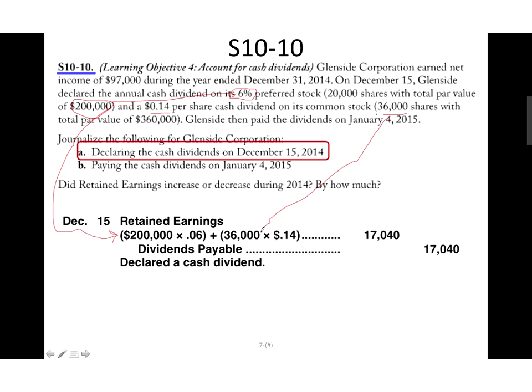That's where we're getting the second part. So our combined dividend is $17,040. When we declare a dividend, we're always going to debit retained earnings, credit dividends payable for the amount of the dividend. And this one's just a little twist because we've got a preferred dividend in there and we've got a common dividend in there.